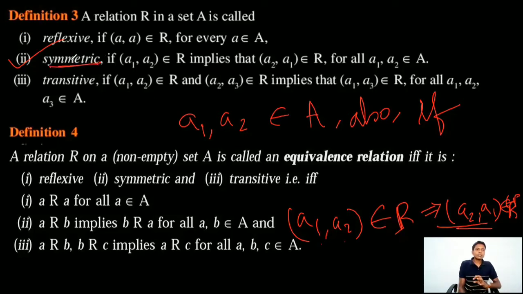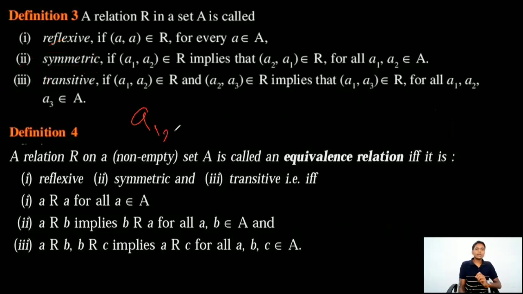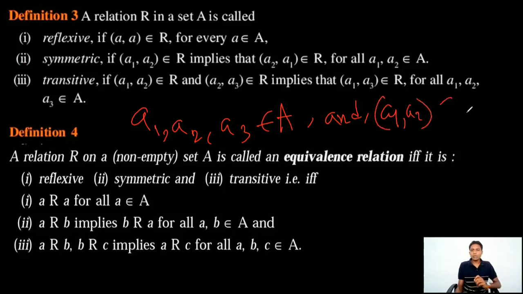Okay, now coming to transitive relation. For transitive relation, suppose any three elements a1, a2, a3 belong to A, and we have (a1, a2) belongs to R, also (a2, a3) belongs to R.